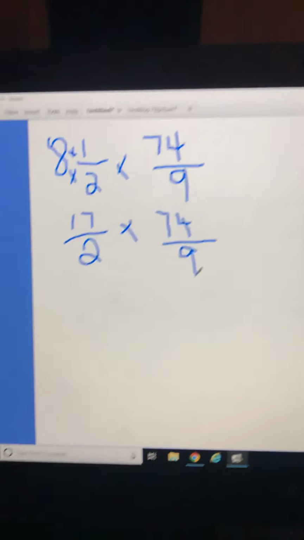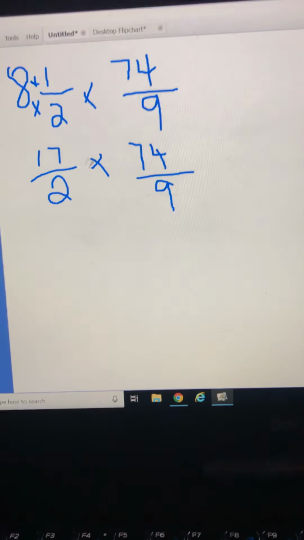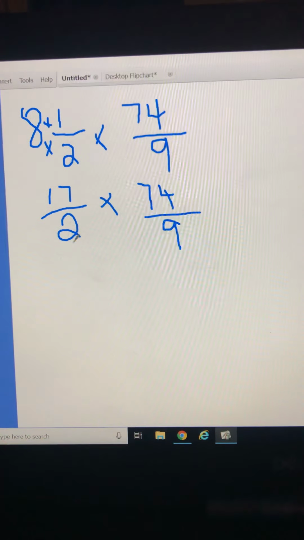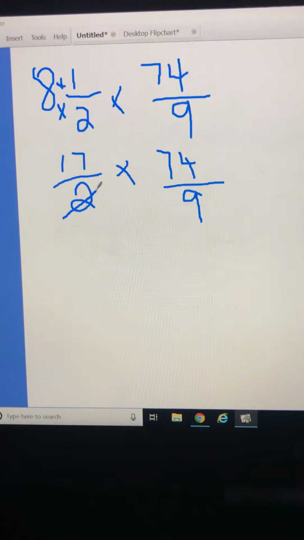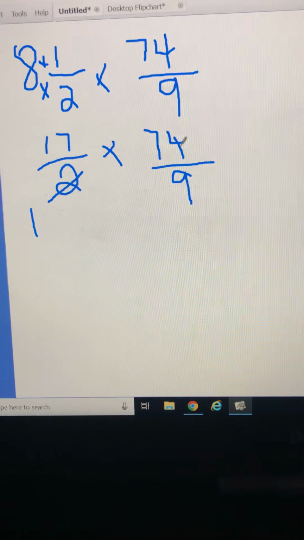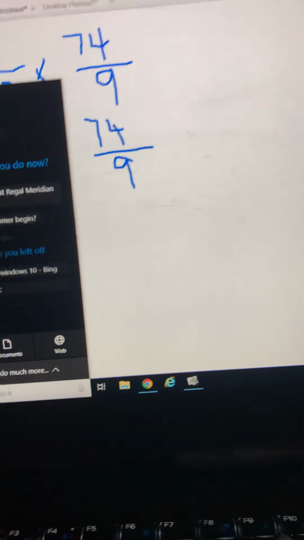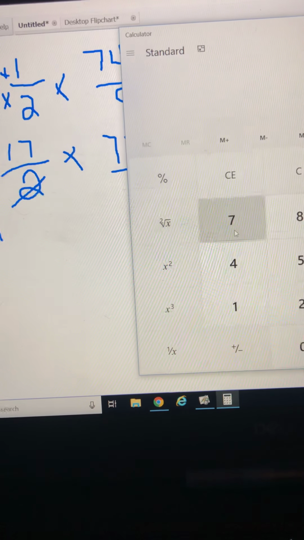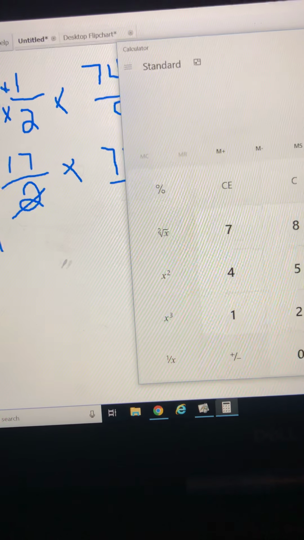All right, let's look at cross canceling. 17 and 9, I can't cross cancel, but I know that 2 is an even number and 74 is, so I can definitely take a 2 out. That becomes a 1. And let's see, 74 divided by 2. Miss Wallace is going to cheat. If you did not know, again, you would do it out on scrap paper. 74 divided by 2 is 37.